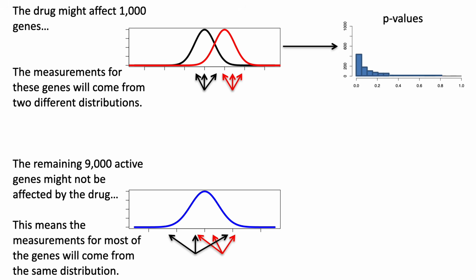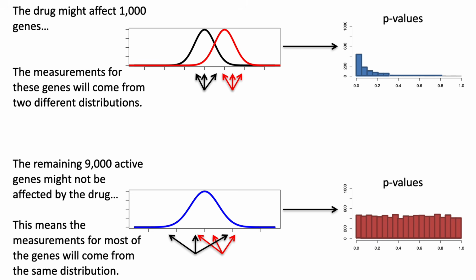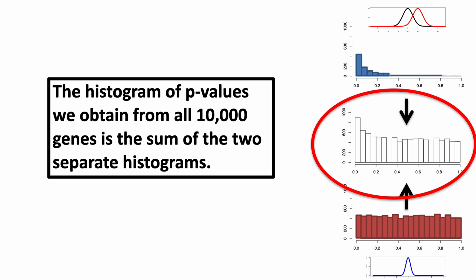The remaining 9,000 active genes might not be affected by the drug. This means the measurements for most of the genes will come from the same distribution. The p-values for these genes should be uniformly distributed. The histogram of p-values we obtain from all 10,000 genes is the sum of the two separate histograms.